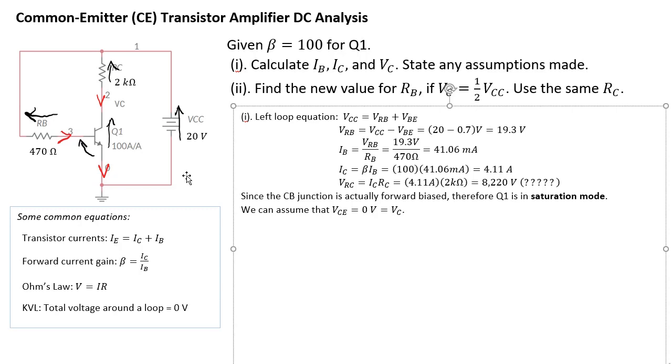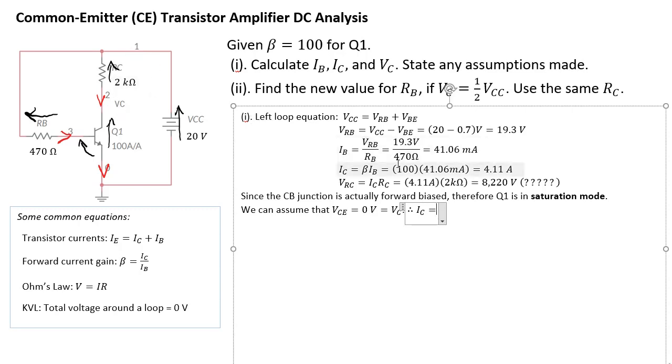All right, so now we can work out the new IC, given that VC is now 0 volts. The new IC is going to be equal to, again, Ohm's law, V over R. Well, what is the voltage? One end is 20 volts, that's VCC, so it's VCC minus VC, where VC is 0.